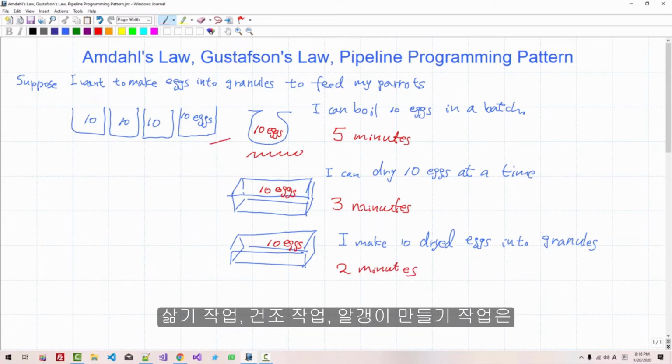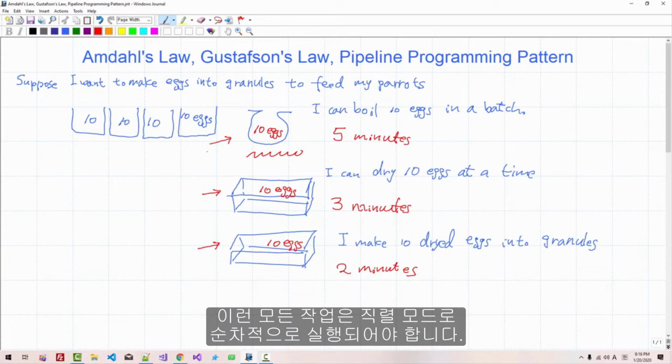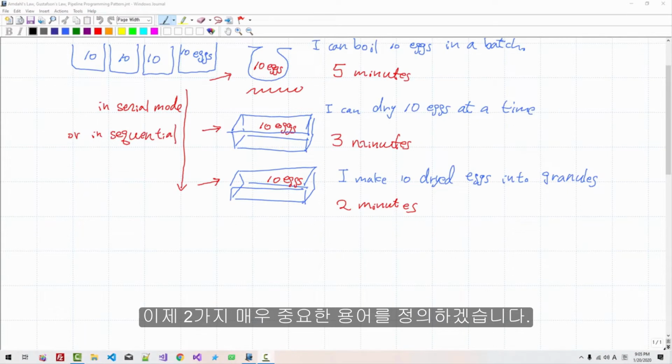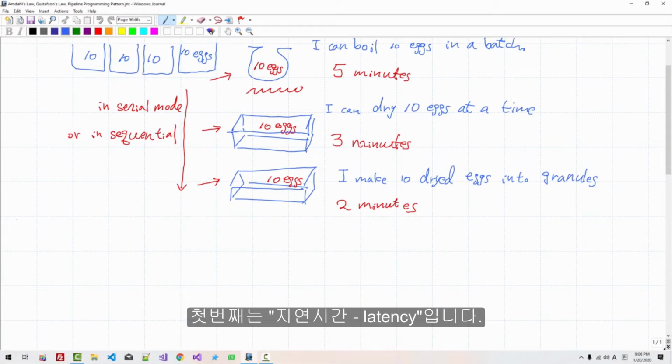Boiling process, drying process, granulization process, all these tasks should be executed in serial mode or in sequential. Now let me define two very important terms. The first is latency.